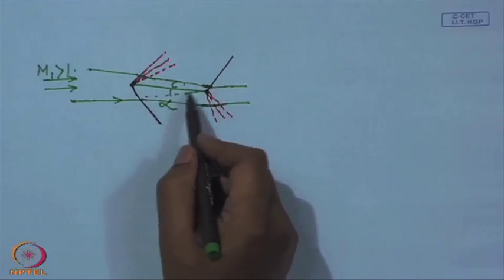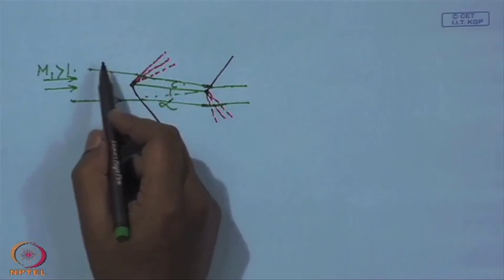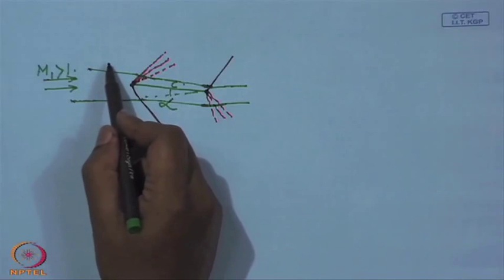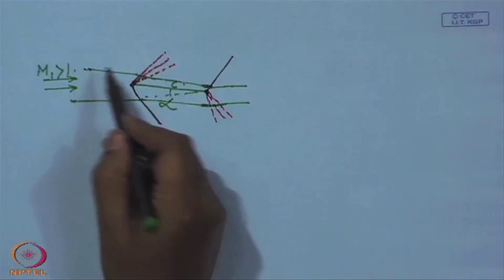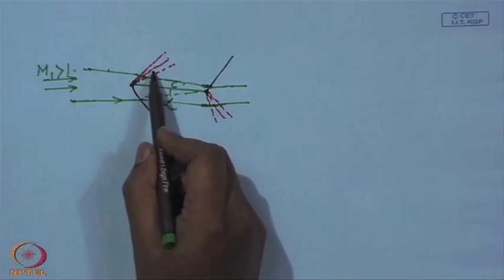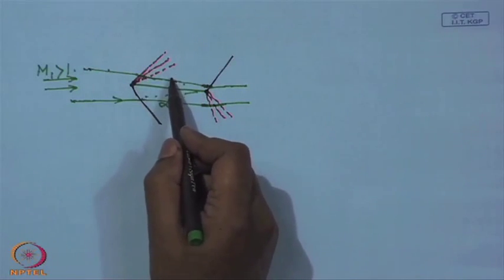Now, knowing the amount of turn alpha and knowing the Prandtl-Meyer function nu 1 upstream, corresponding to M1, we can find the Prandtl-Meyer function here.